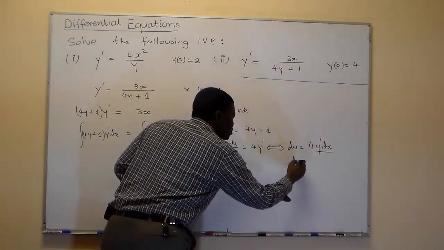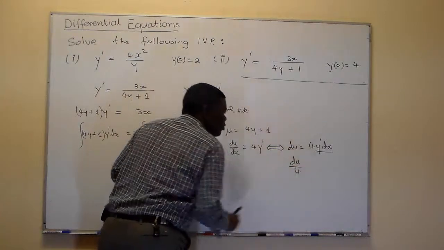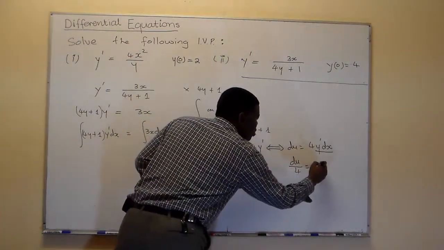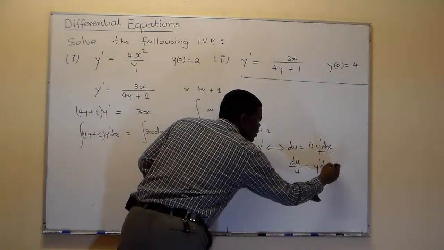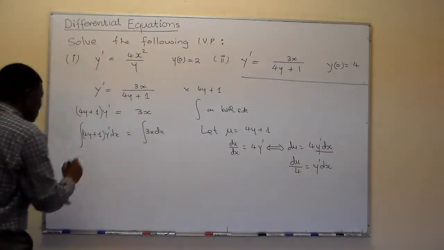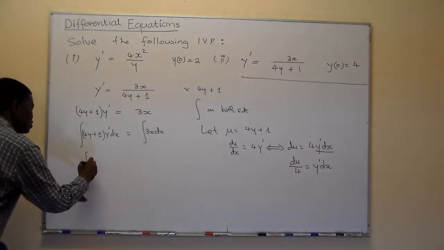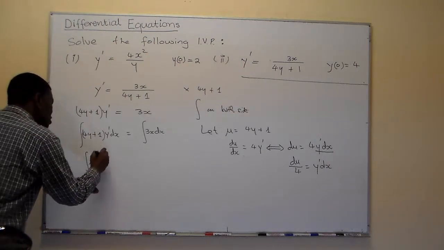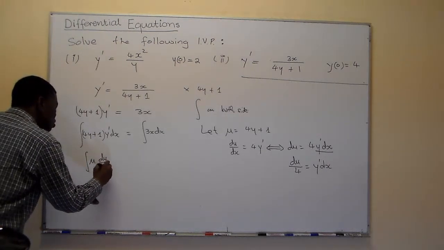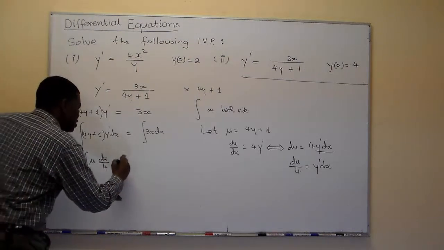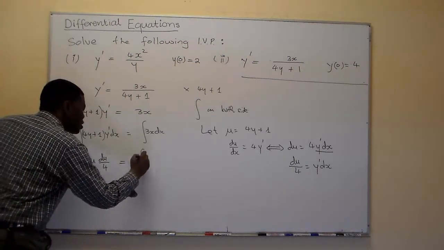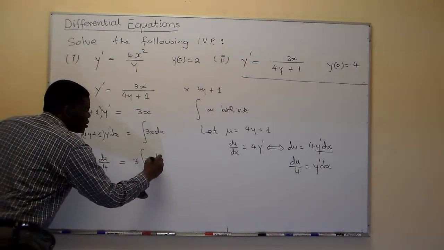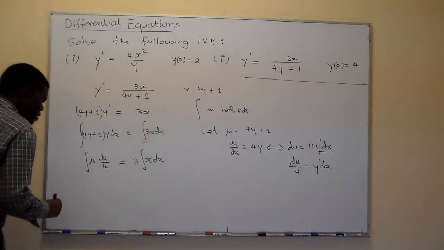Then we're going to have du divided by 4 equals y prime dx. So now substituting here, we've got u multiplied by du over 4 equals 3 times the integral of x dx.